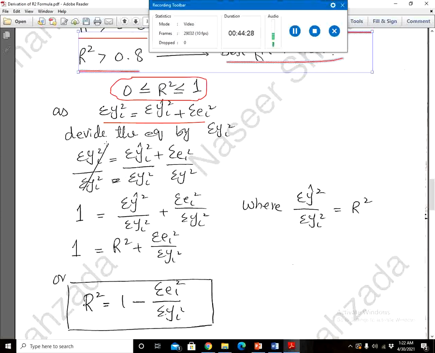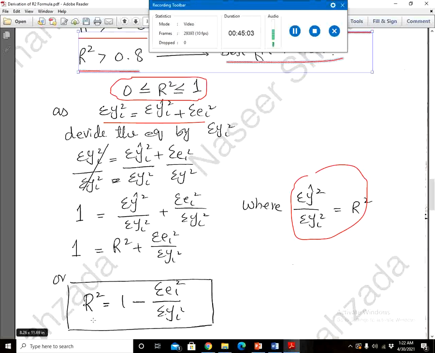Now this will cancel and become 1, and here is summation yi cap square divided by summation yi square plus summation ei square divided by summation yi square, where this one is R square. So we can write 1 is equal to R square plus summation ei square divided by summation yi square, that is, R square is equal to 1 minus the sum of square of unexplained variation as a proportion of the total variation.